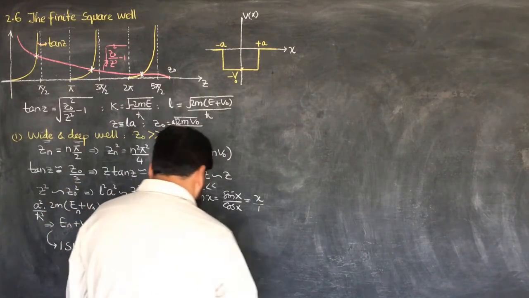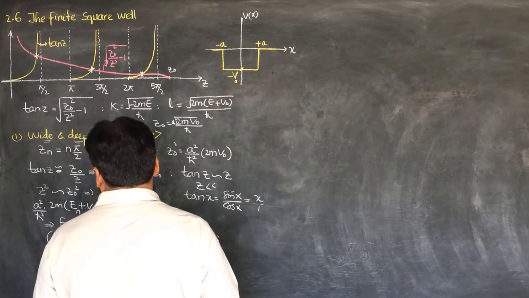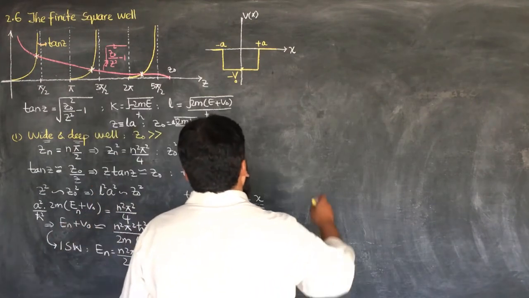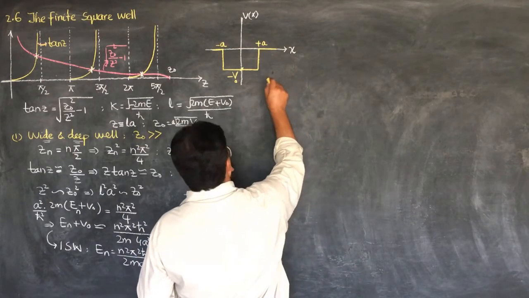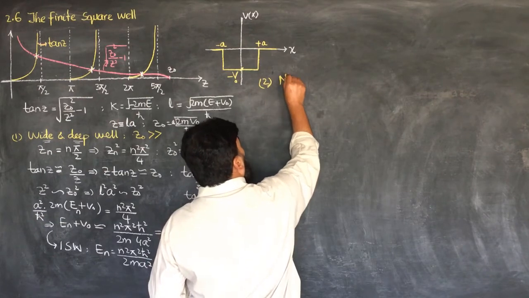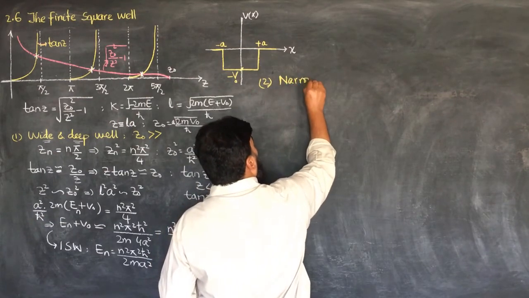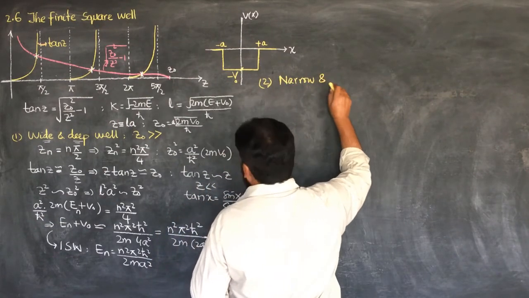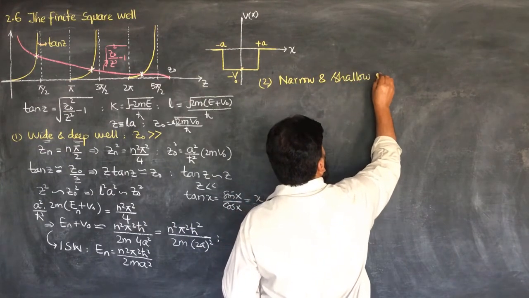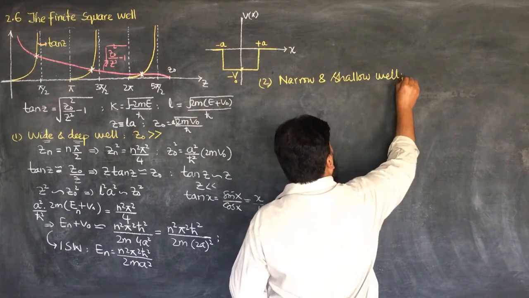So let's consider the next limit, when we consider a narrow and shallow, not very deep well.